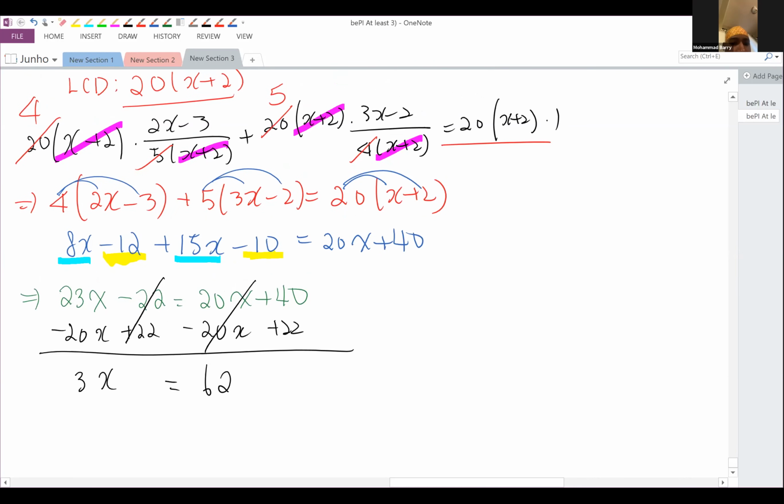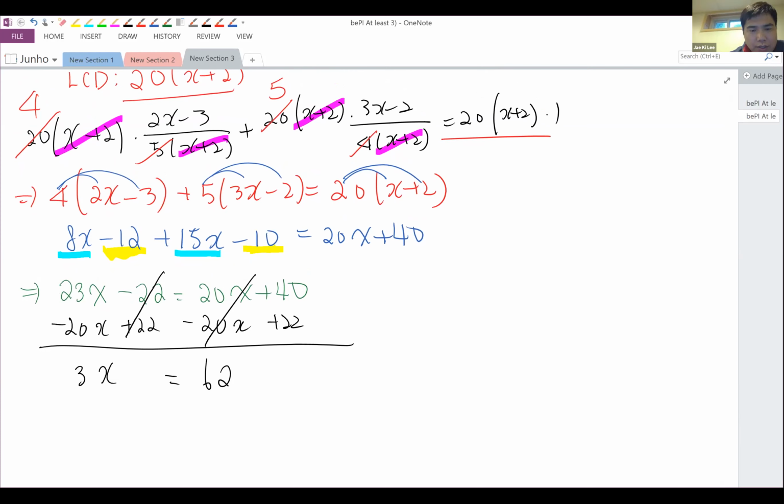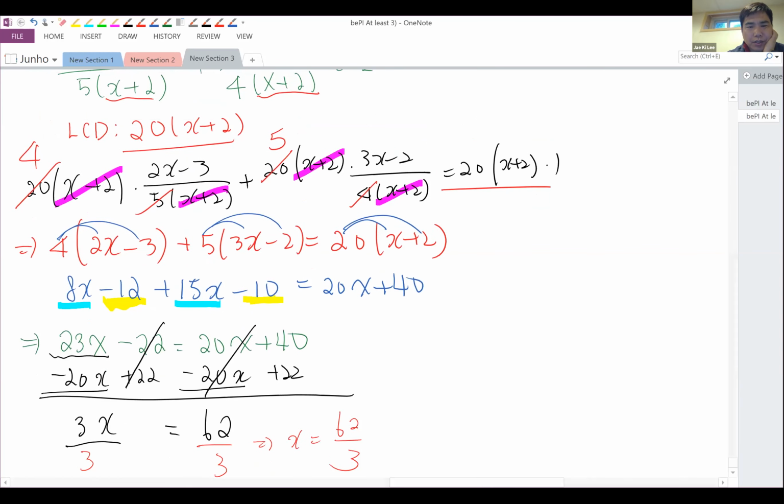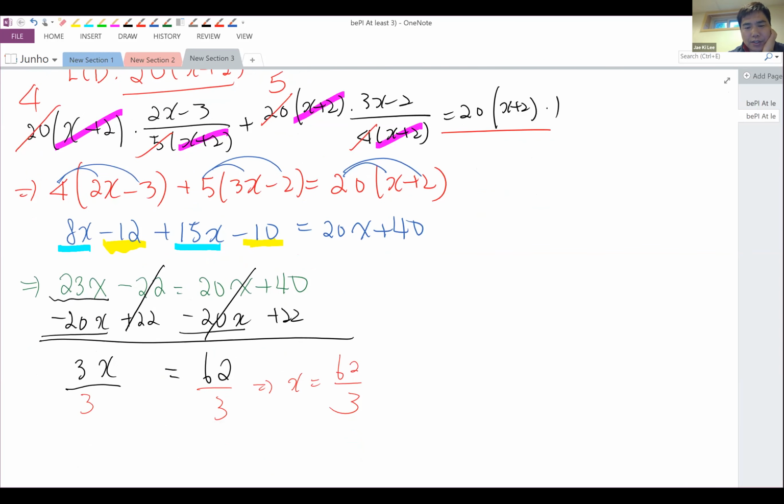So 23x minus 20x becomes 3x. Now I also do plus 22 on both sides, so it becomes 62. Anyway, if you get a different answer than I have, then okay. So I got x equal to 62 over 3. Now I double check: this doesn't make the denominator equal to 0, so I can say that's the answer. What do you think?